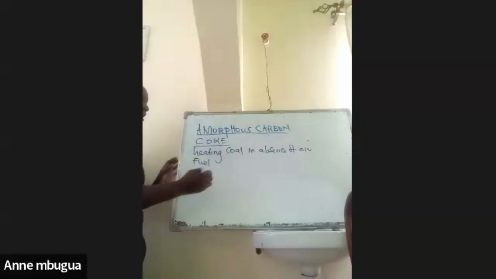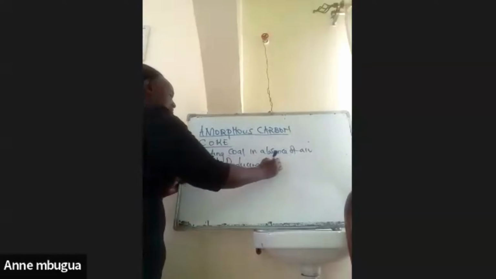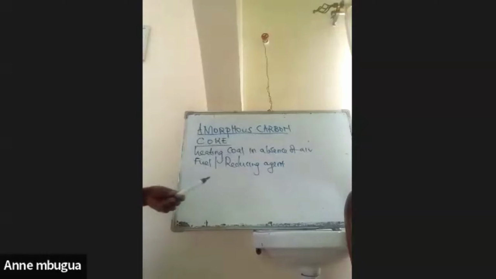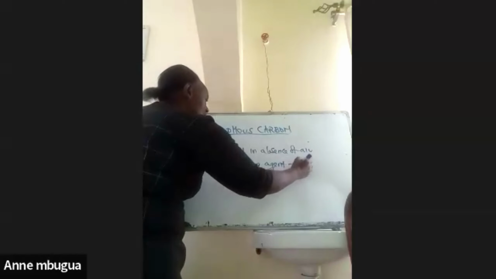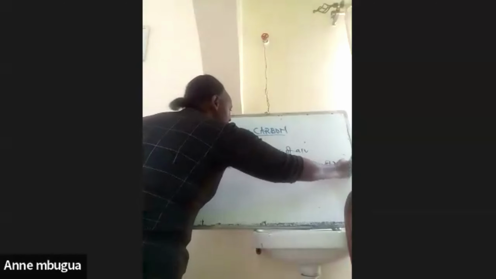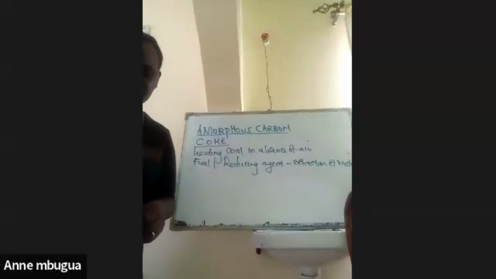So it is used as a fuel, and also as a reducing agent, especially in extracting metals from their ores. You'll come across it quite a lot in Form 4.